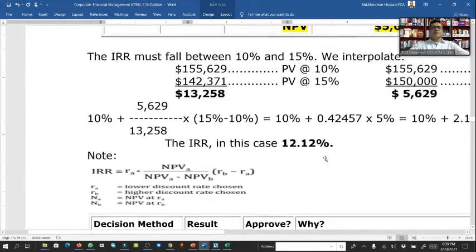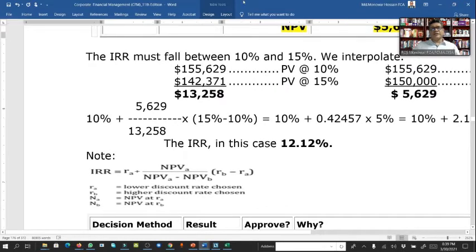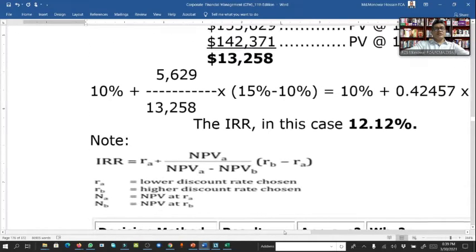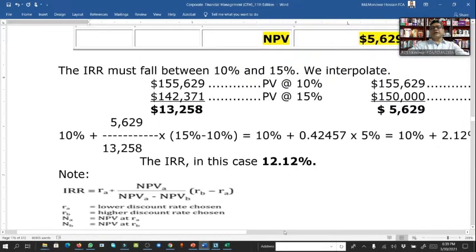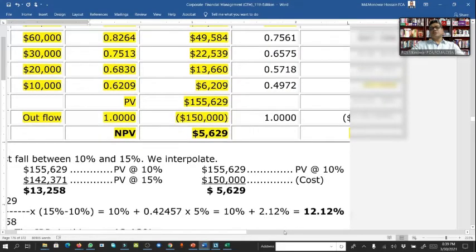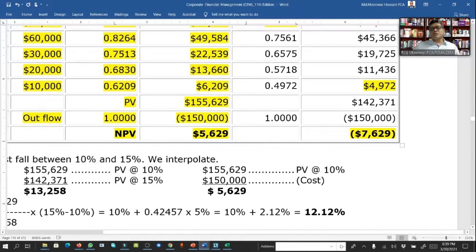So if we put the data into this formula, look here, this is the lower rate, this is the positive NPV, and here 13,258, how does it come? Look here, NPV at the lower rate is positive 5,629. If we subtract the NPV at the higher rate, which is minus 7,629, minus means plus.